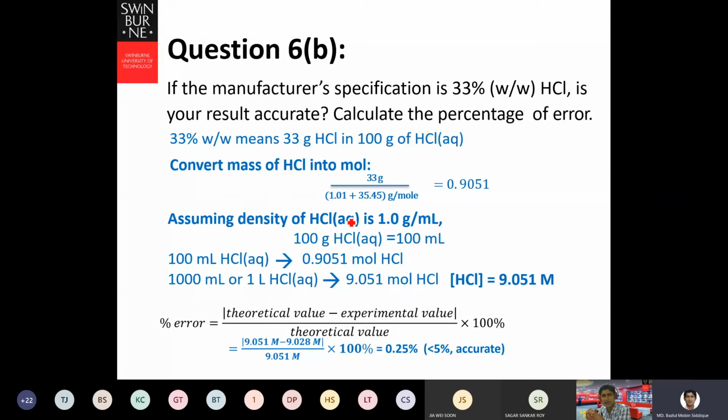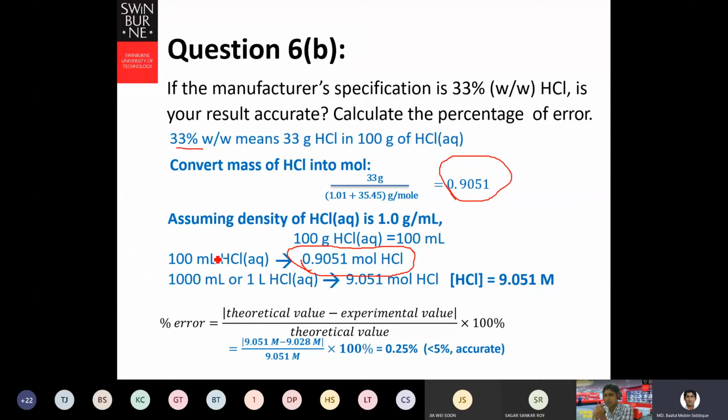So 100 gram of HCl in mass is 100 milliliter, and 100 milliliter of HCl has 0.9051 moles of HCl, because it is 33%. So in 100 milliliter, there are 0.9051 moles of HCl.